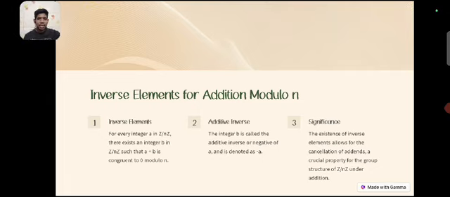The integer b is called the additive inverse or negative of a and is denoted as minus a. Third, significance. The existence of inverse elements allows for the cancellation of addends, a crucial property for the group structure of Z/nZ under addition.